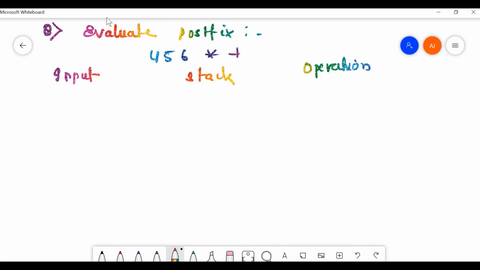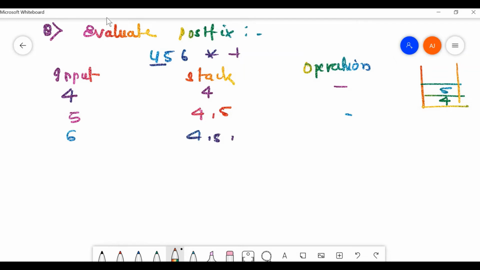The input is 4, so it places 4 in stack and the operation is nothing. Next comes 5, so first it is 4, then 5 in the stack, and the operation is nothing here. Again 6, so 4, 5, 6, and the operation is nothing.